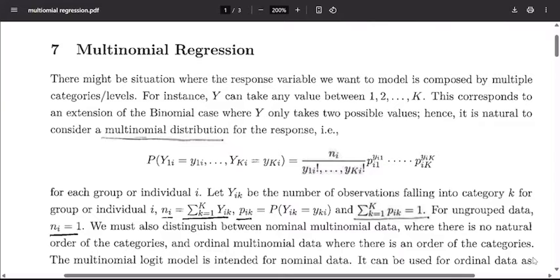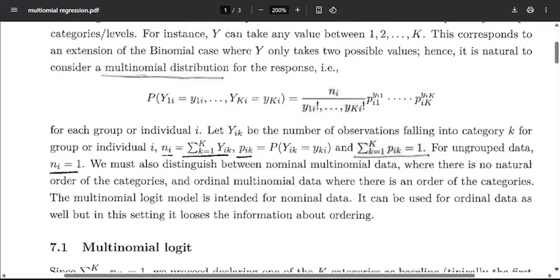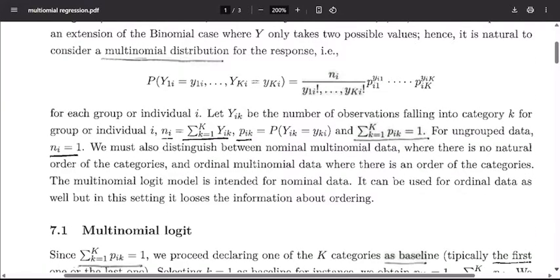Now the interest is to have a way to investigate an individual in a particular category. For each group or individual i, Y_ik represents the number of observations falling into category k.